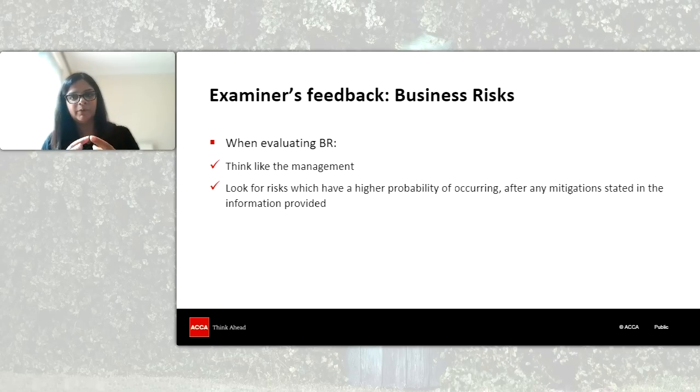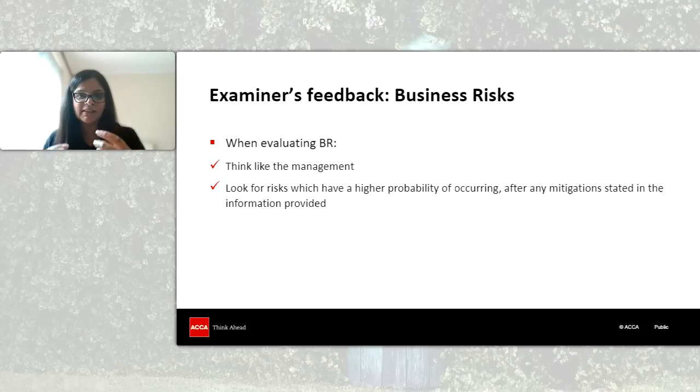I'll give you an example, not from this case study, but generally. There was a question a couple of attempts ago where they were selling perishable food items, and they had refrigerated vans to transport the food. They had clearly mentioned in the scenario that the vans were refrigerated, it's all checked, it's all working amazingly well.